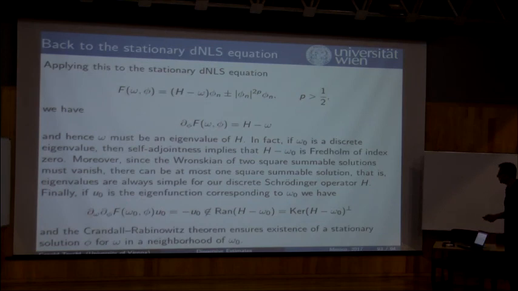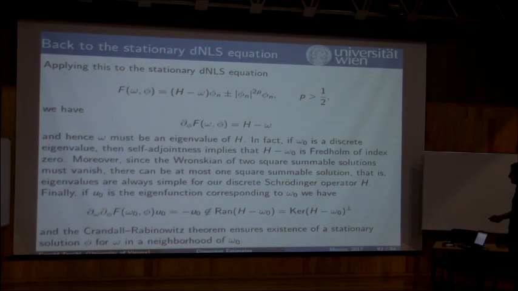Well, it's not hard to differentiate this with respect to omega. We just get minus the identity here. So that means this is equal to minus u0, and that should not be in the range. But we have a self-adjoint operator. The range is just the orthogonal complement of the kernel of the adjoint, which we can forget about because it's a self-adjoint operator.